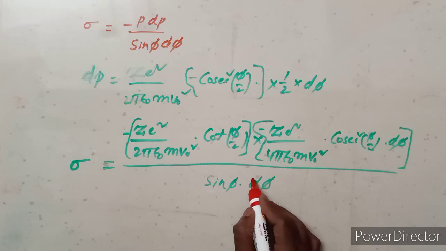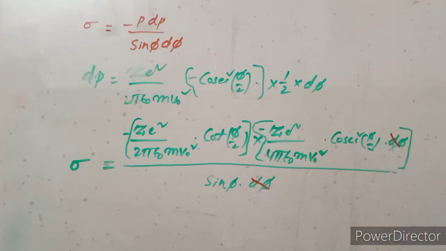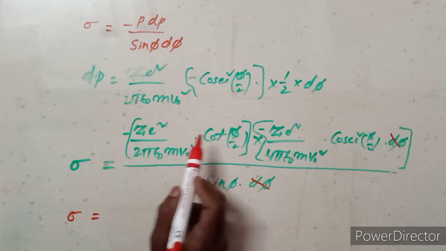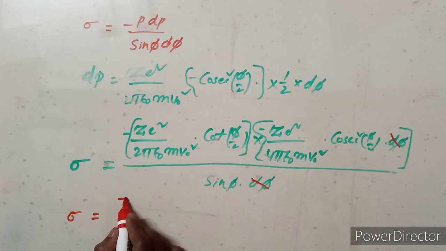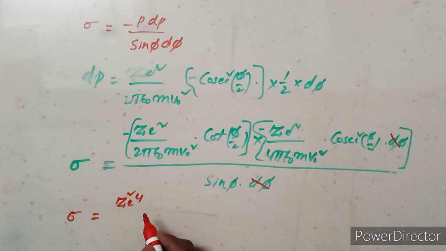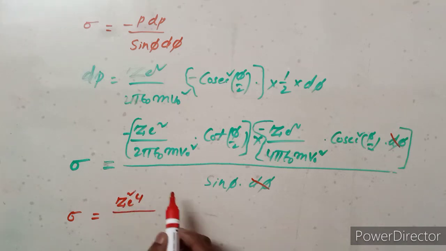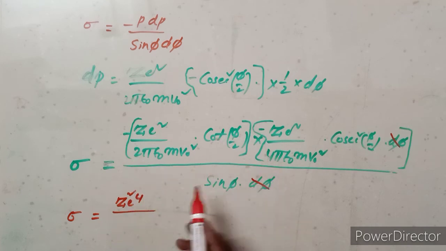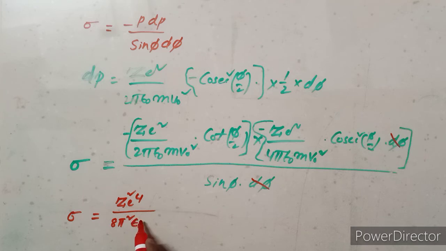So here d phi cancels, remaining terms: sigma equals minus and minus plus, z square e to the power of 4, 2 fours are 8 pi square epsilon naught square m square v naught to the power of 4.